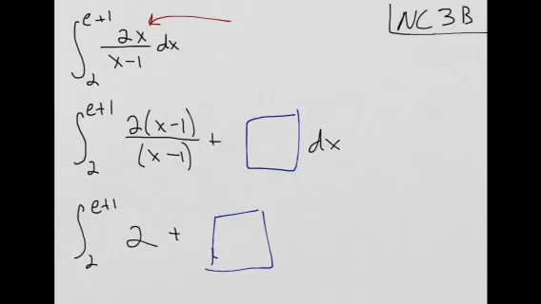So the question is, what does the box have to be? It still has to be something over x minus 1. Up here in red I had a 2x. Here, if I distribute that 2 in, this is the same as 2x minus 2. So the question is, what did I do to go from here to here? Well, I took my 2x and I changed it to a 2x minus 2.